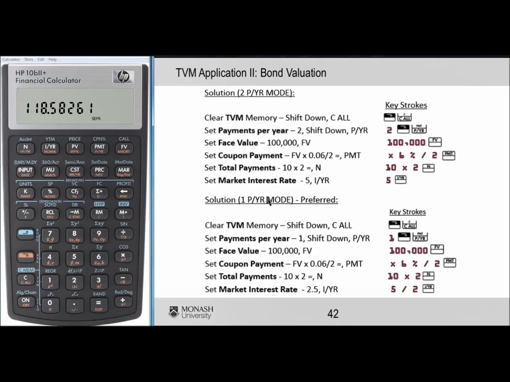So in our calculator, I'm going to show you the one payment per year mode, even though you can also use the 2 payment per year mode in your calculator. First of all, clear all memory, shift down C, or clear your time value of money memory, so shift up C1.